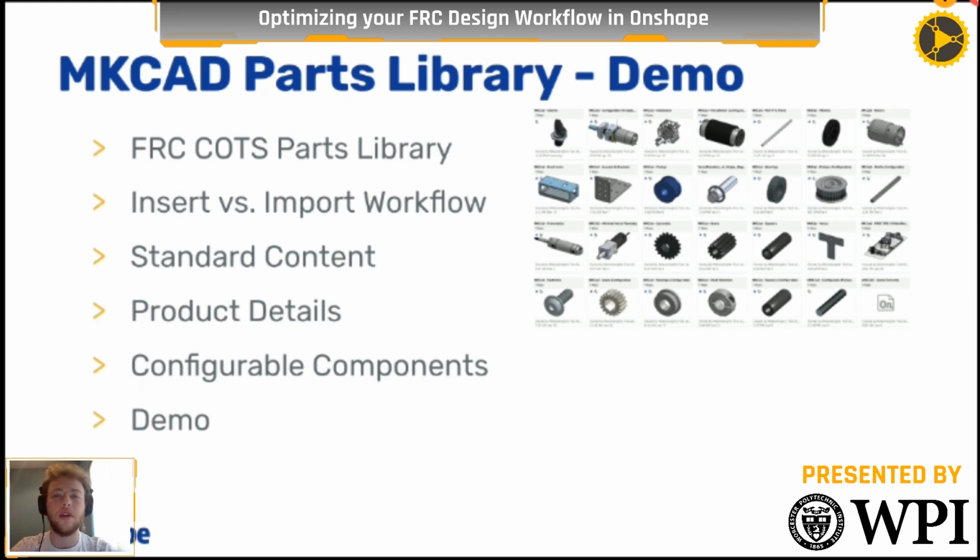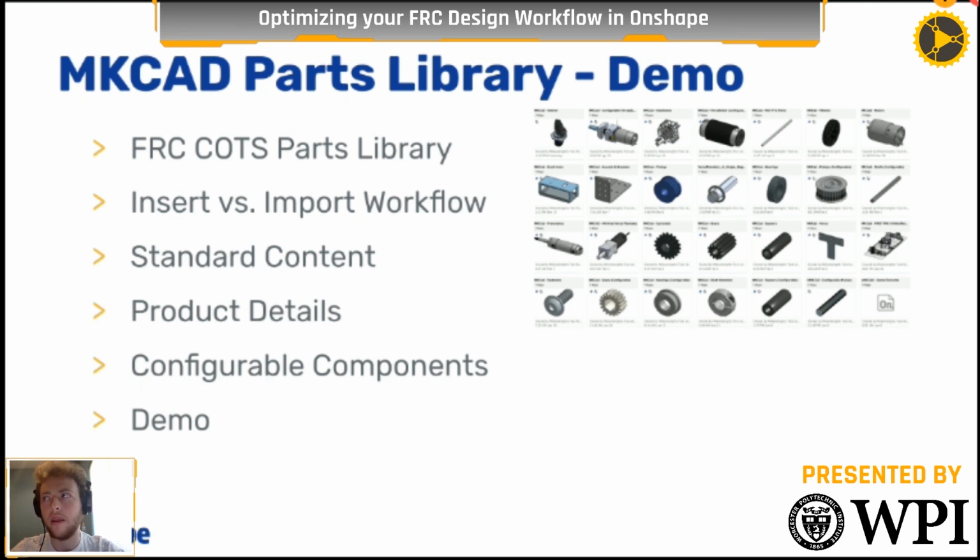Then you had to go in, you had to set the weight, you had to set the color, you had to set the material, you had to set the name properly and all of this stuff. I often, when I was first getting to know Onshape, spent a lot more time setting up my COTS parts, which I like to use frequently as a simpler designer, than actually designing the things that I wanted.